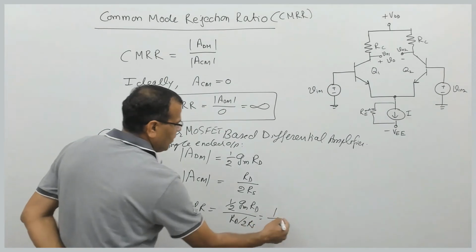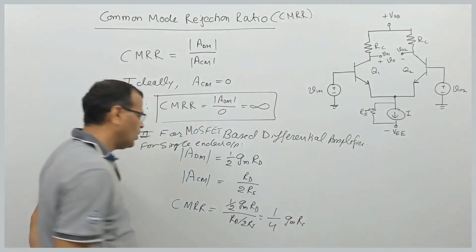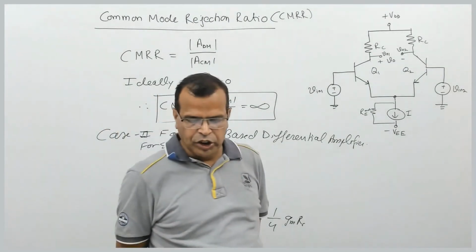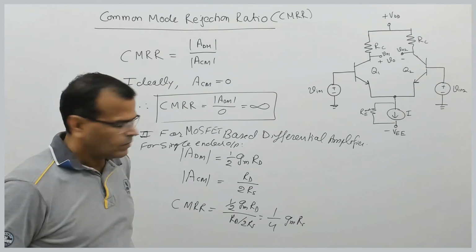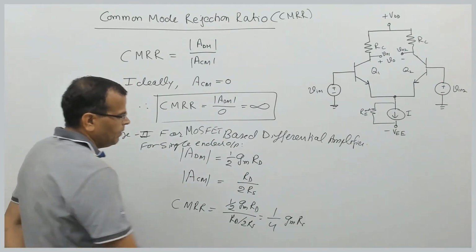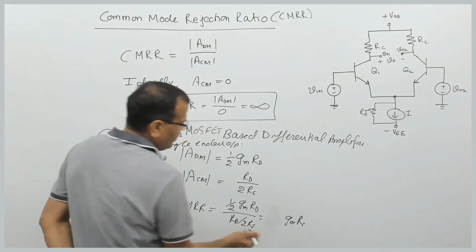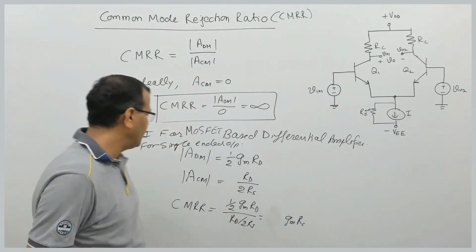So that is 1 by 4 GM into RS. That is your common mode rejection ratio for MOSFET based amplifier. This will be in numerator, so 2 and 2 will be cancelled out. So that is GM into RS.